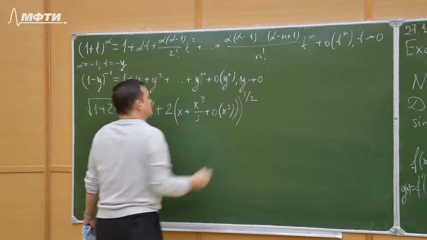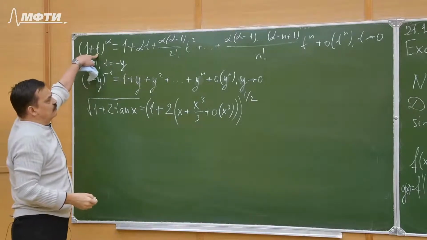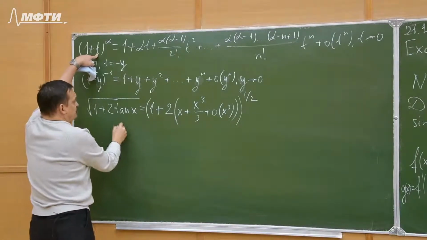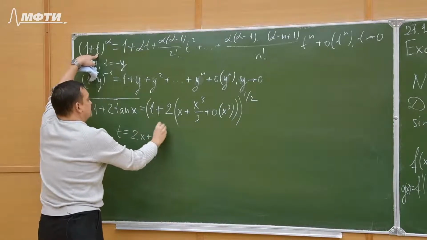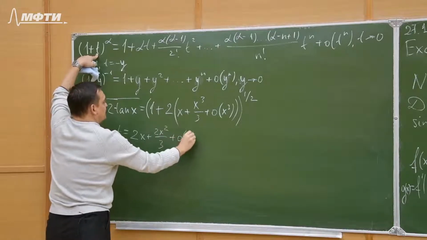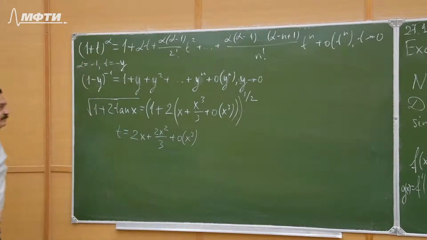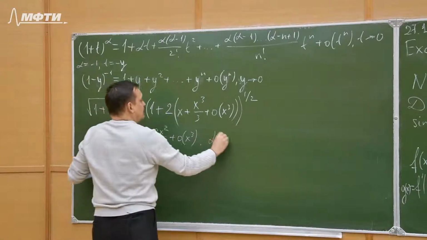So square root is power 1/2. Now you see, we use this main expansion with t equals to 2x plus 2x cubed over 3 plus little o of x cubed. That is our t. Alpha is 1/2 now.